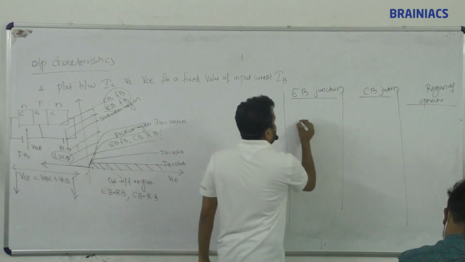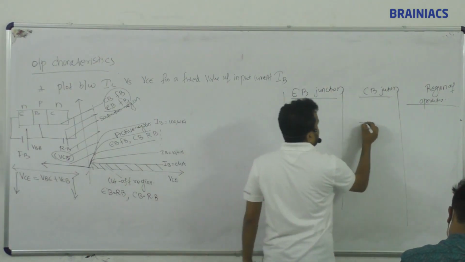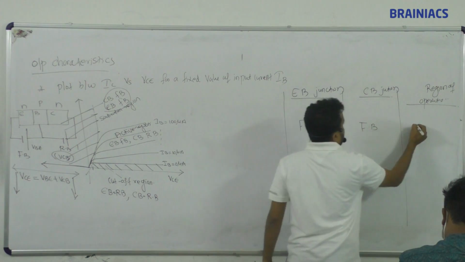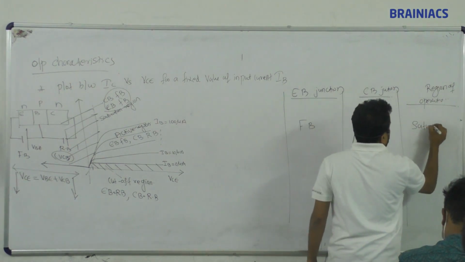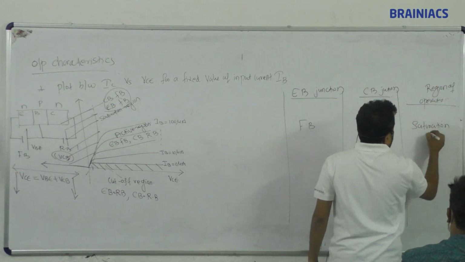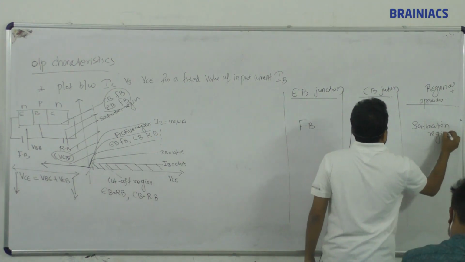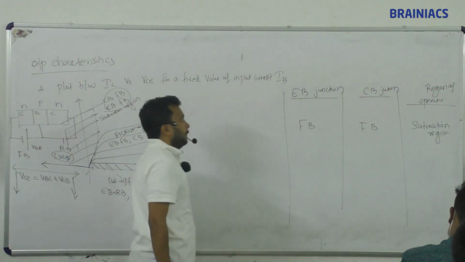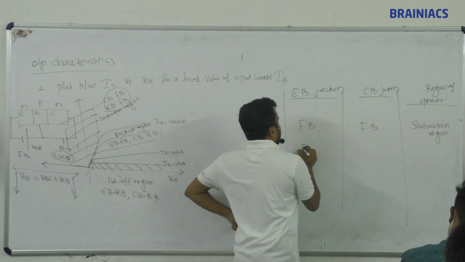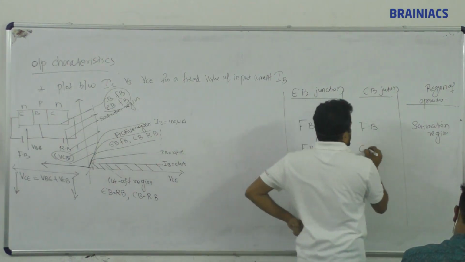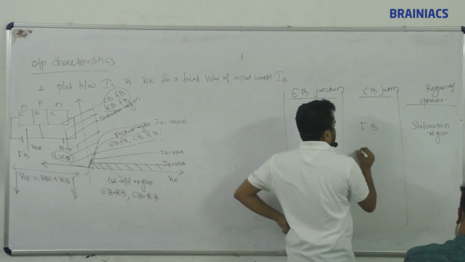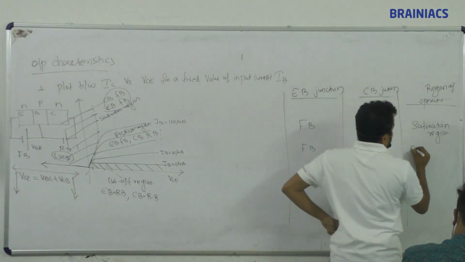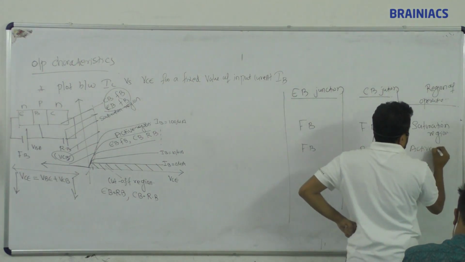Emitter base junction forward biased, collector base junction forward biased, and it is called saturation region. Next one, emitter base junction forward biased, collector base junction reverse biased, then it is called active region.